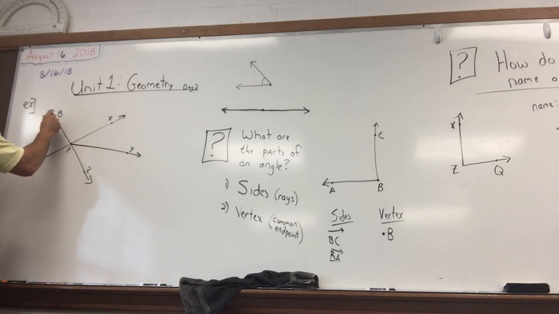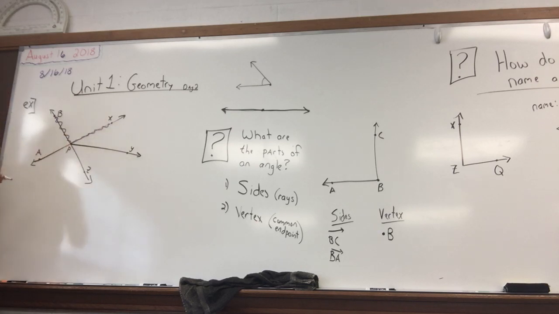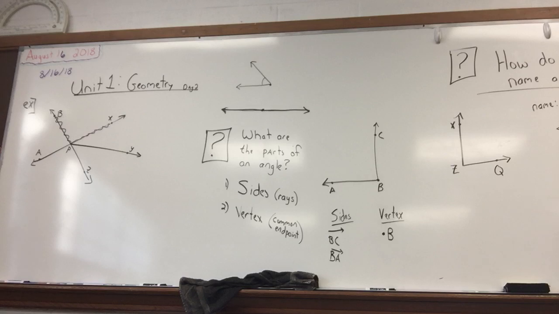I want you to name this angle. Talk it over with the people around you. We've got B, A, Z, Y, X, and the letter P. I want you to name that angle that has the squiggly purple lines on it. There's not just one name. There might be 2 names, 3 names, 7 names. Try to think of all of the names that are possible for that angle.